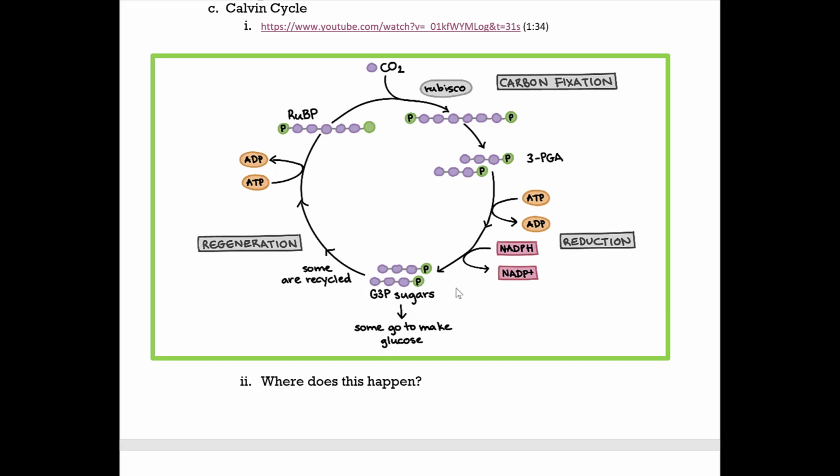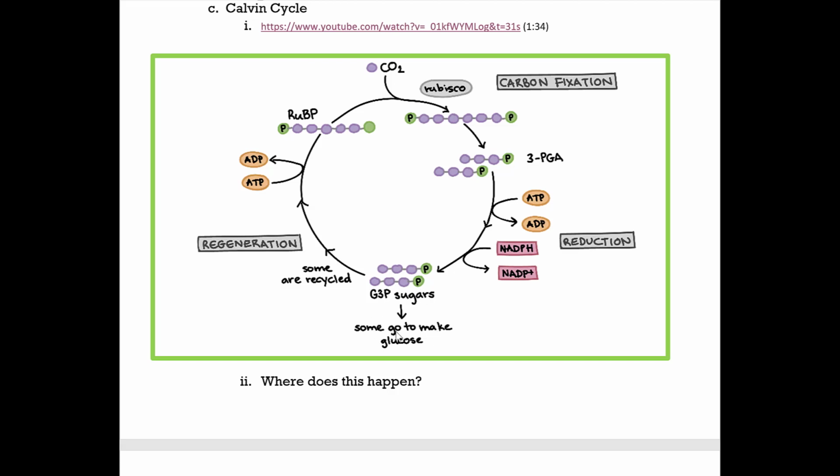At the end of phase 2, the products are G3P molecules, and they are also called PGAL molecules. They mean the same thing. It's an abbreviation for the same name.